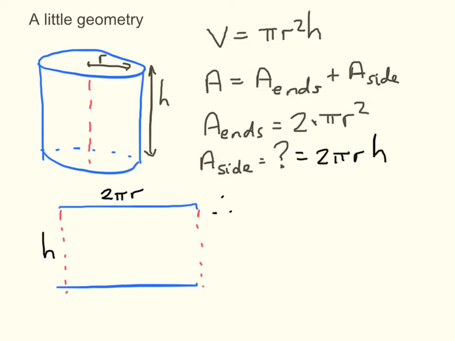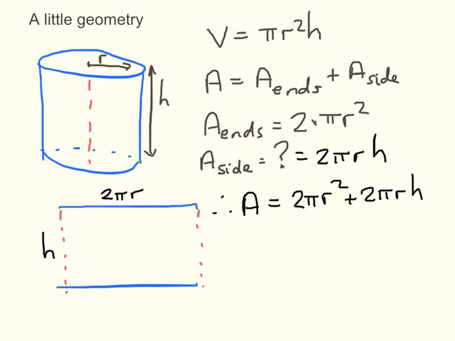So therefore the area of the cylinder is 2 pi r squared for the top and the bottom, plus 2 pi r h for the side.